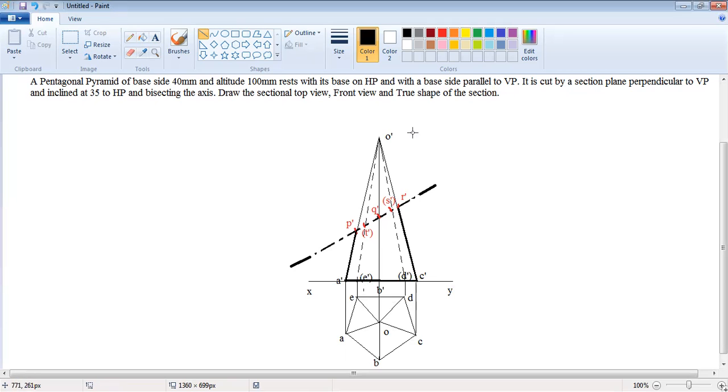So we have drawn the front view of the pentagonal pyramid, which is cut by a cutting plane.